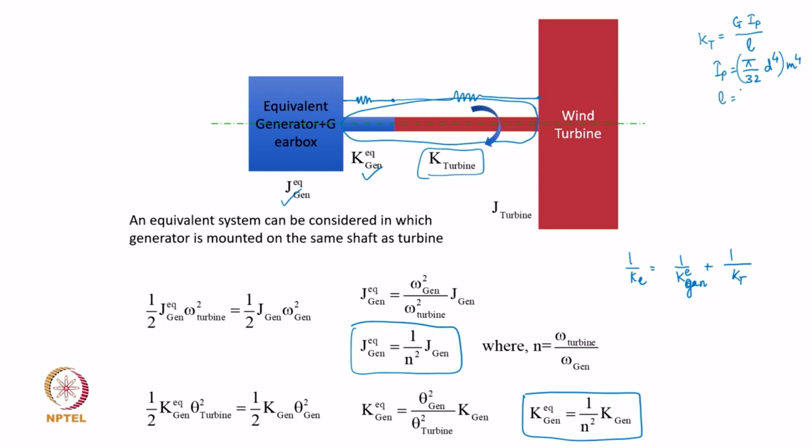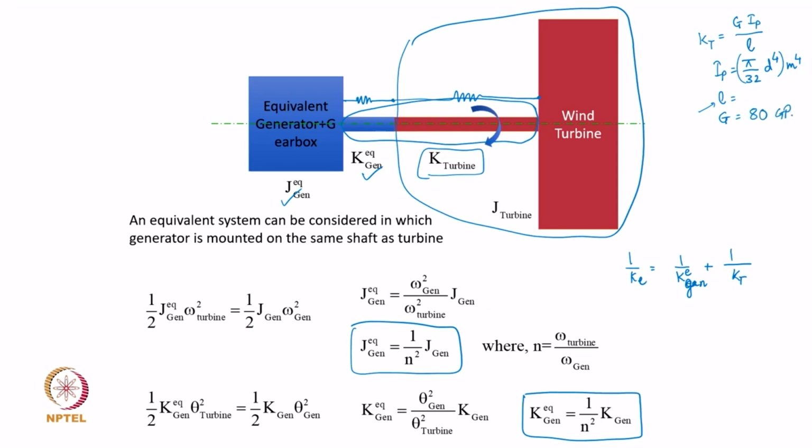The length is given already because this part of the configuration is untouched. We have not disturbed this, we have kept it as it is. So, the original length of the turbine shaft given to us will remain, and the shear modulus maybe 80 or 90 gigapascal can be taken. So, this numerical estimation of KT is known.